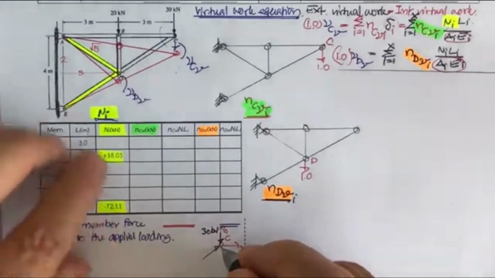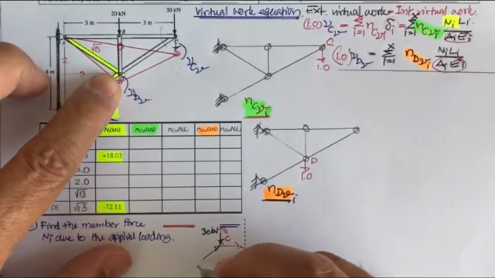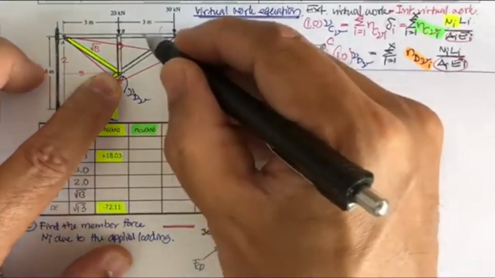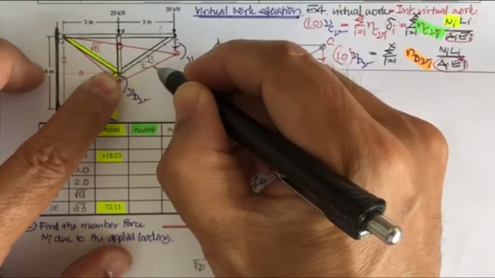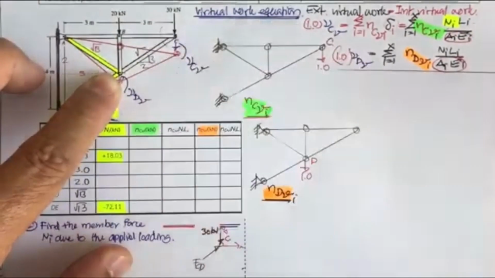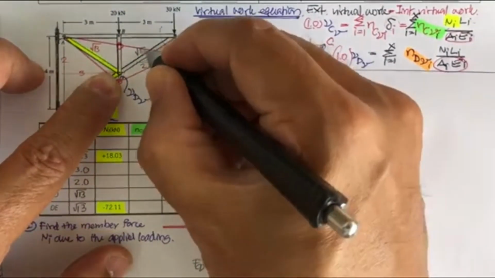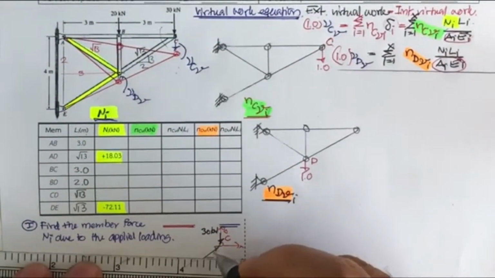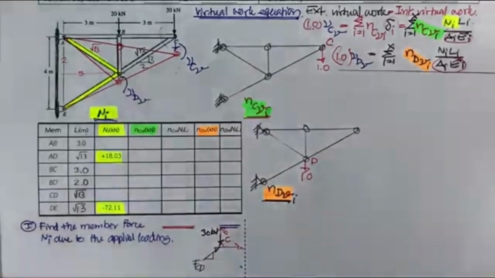And this one is CD, so let's call it F sub CD. The ratio here is 3:2, and this is going to be the square root of 3 squared plus 2 squared, square root 13, as we mentioned a little bit before.